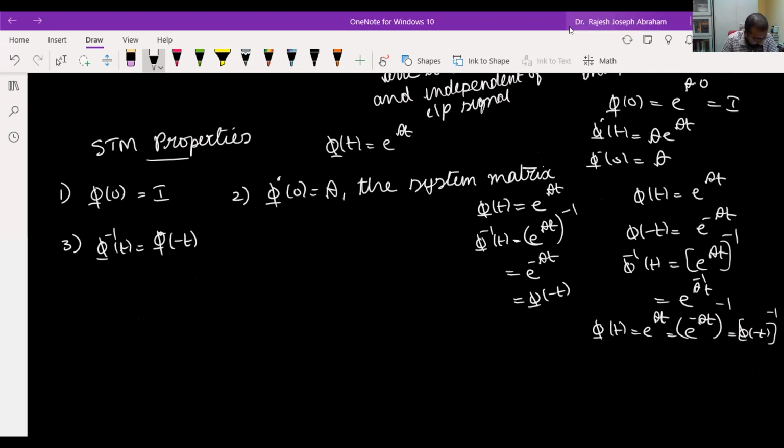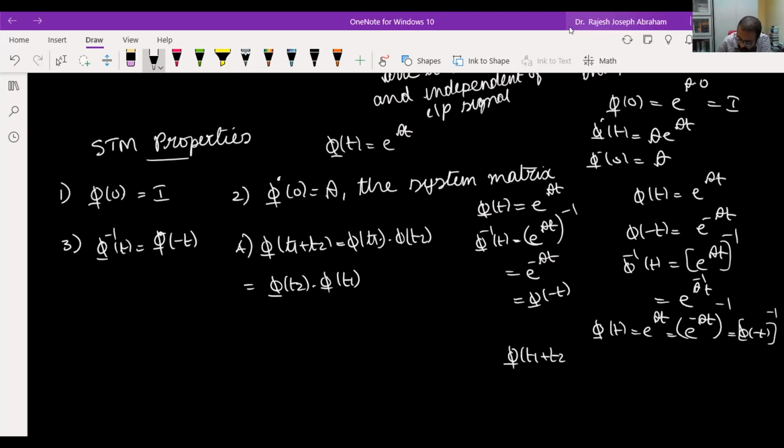Then next property, phi of t1 plus t2 can be written as phi of t1 into phi of t2, or phi of t2 into phi of t1, right? So what is phi of t1 plus t2? Phi of t1 plus t2 is e raised to A(t1 plus t2).